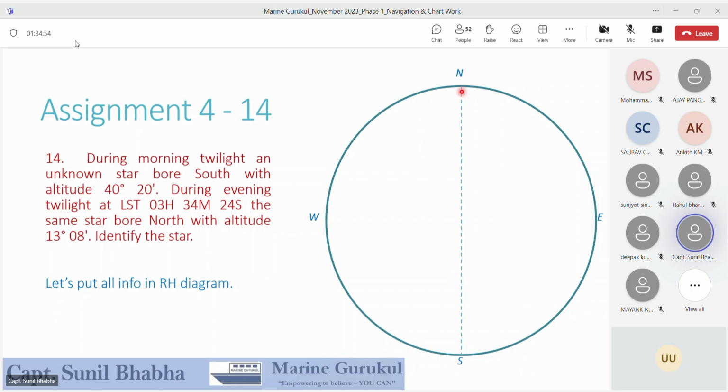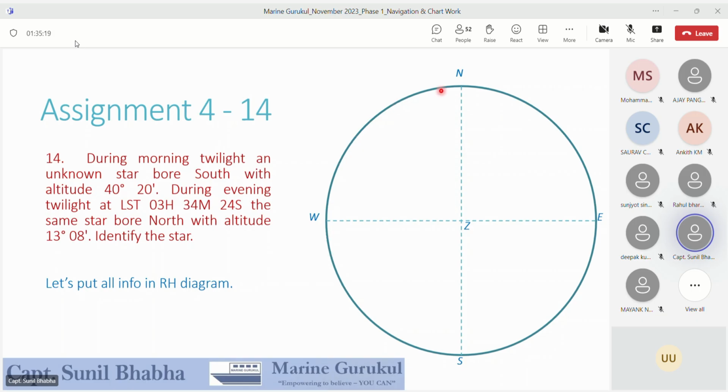So we can join N and S, and we can join W and E. The point of intersection gives us the center of the circle, which is the zenith. So the center of this diagram represents the zenith of the observer. The circumference represents the rational horizon of the observer.